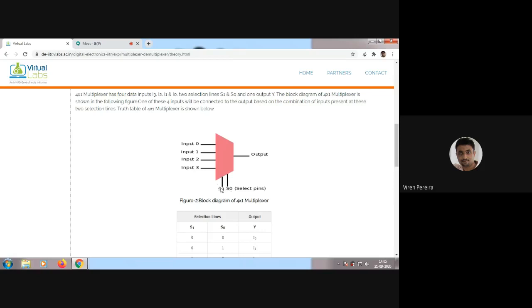This S1 and S0 will be connected to my controller. Whenever the controller gives 0 0, that means 0 on S1 and 0 on S0, then this input pin 0 will be reflected at the output.